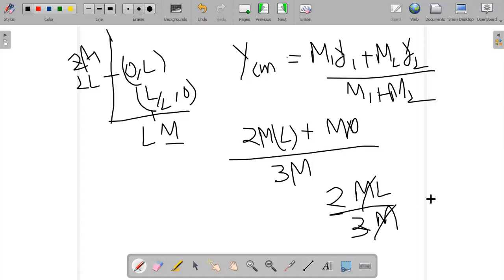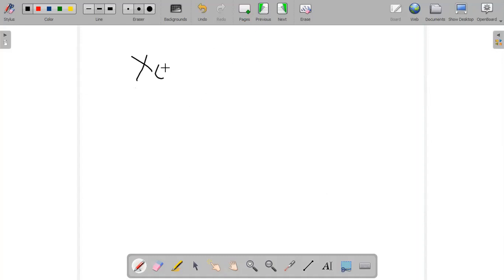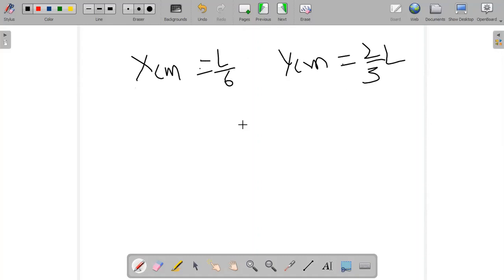So m will get cancelled. So y center of mass will become 2 by 3 L. Now the answer we have is x center of mass L by 6 and y center of mass 2 by 3 L.